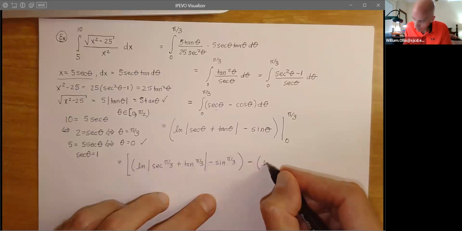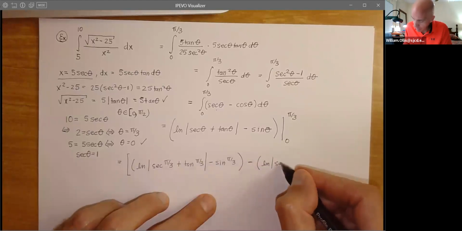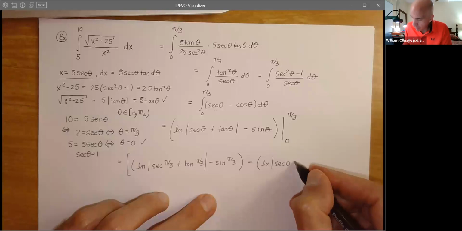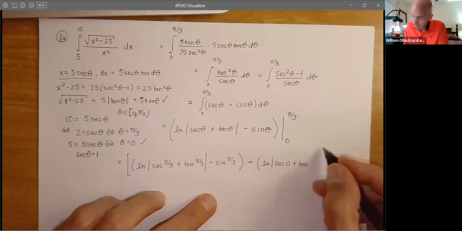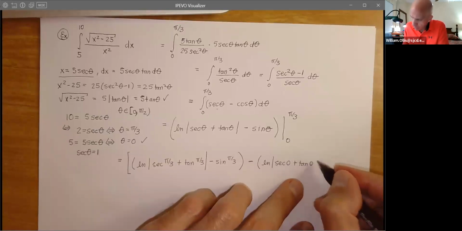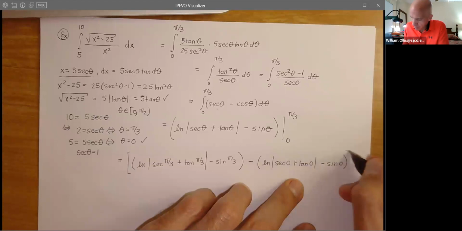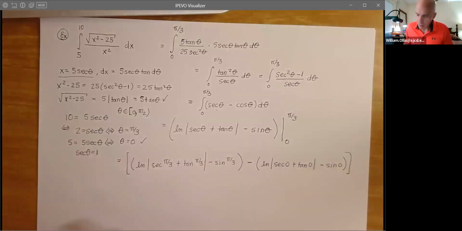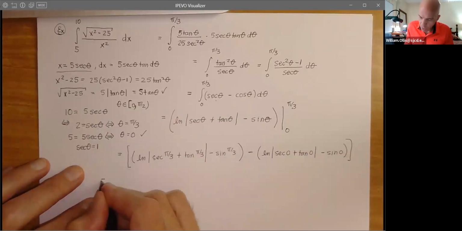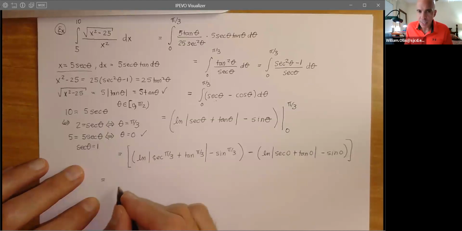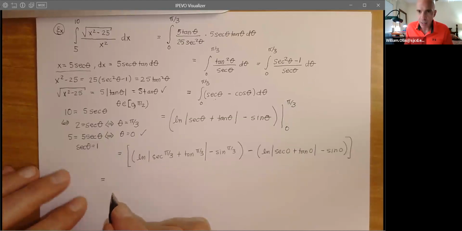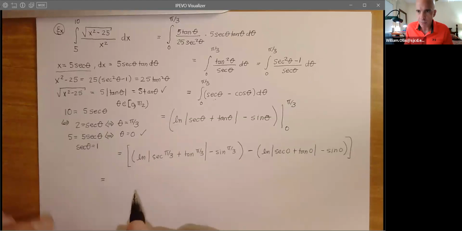Well, that's going to knock off everything pretty much. Secant of 0 plus tangent of 0 minus sine of 0. Well, of course, that's 0, but just write it out. You can compute in your head, but that usually leads you into a sinkhole because you assume something. We all do it. So just go ahead and write things out so you can go back and check.